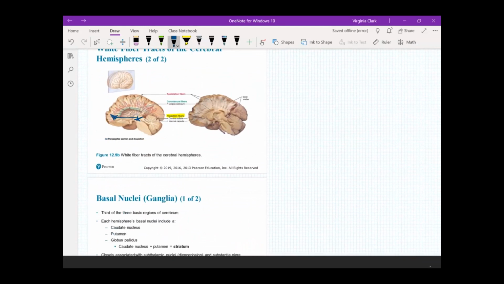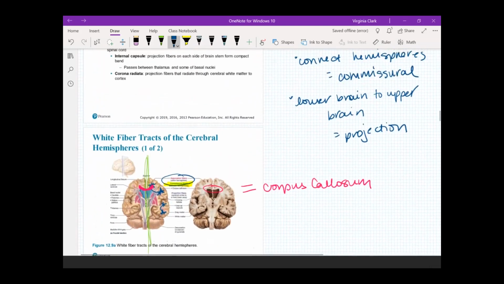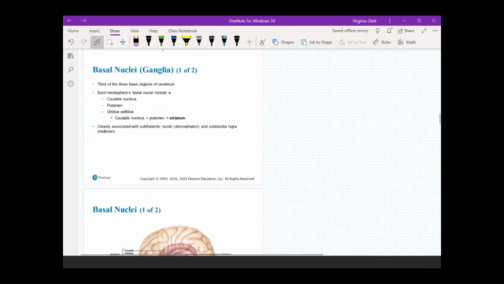This is a lower, this is a higher region of the brain. And remember, this is a neural tube, so we develop like this. So this is the highest point in our brain. That's why this is considered lower right here, and this is considered higher. That would be an example of a fiber that will go from a low region to a higher region in the brain, otherwise known as a projection fiber.